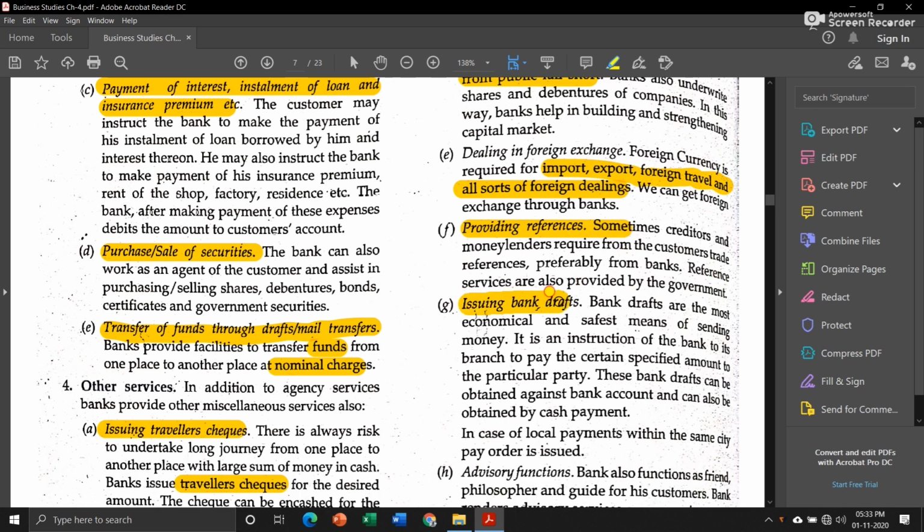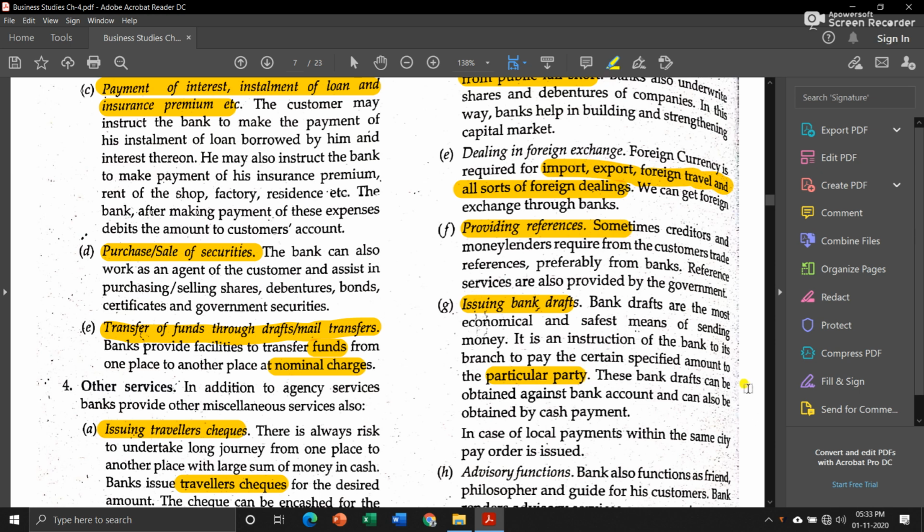Then next is issuing bank drafts. Bank drafts are the most economical and safest means of sending money. It is an instruction to the bank or its branch to pay a certain specified amount to a particular party. Means if you fill up a draft form, then it is an order from your side to the bank to pay a particular third party the specified amount in that draft.